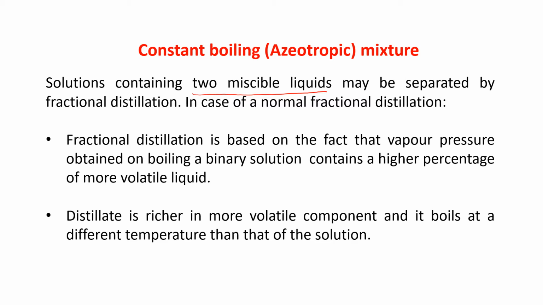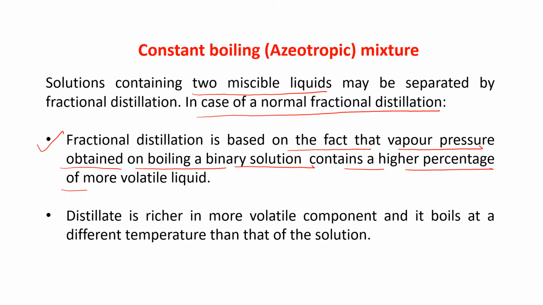You all know this. In case of normal fractional distillation, what is happening? Fractional distillation is based on the fact that the vapor obtained on boiling a binary solution contains a higher percentage of the more volatile liquid. You all know about it.